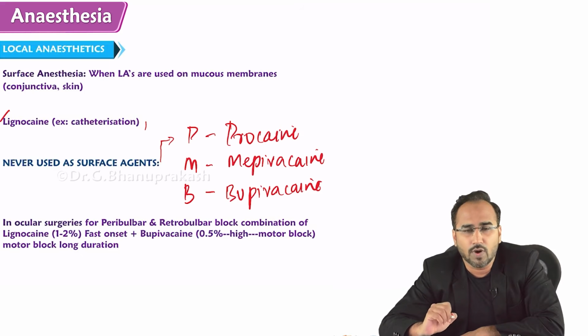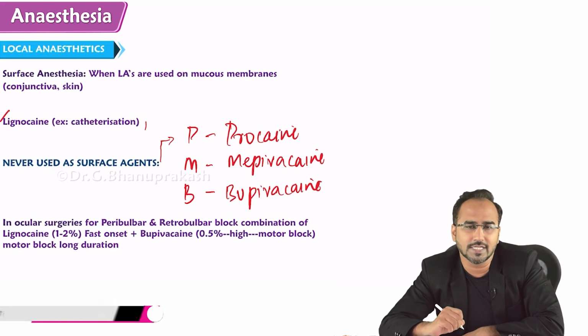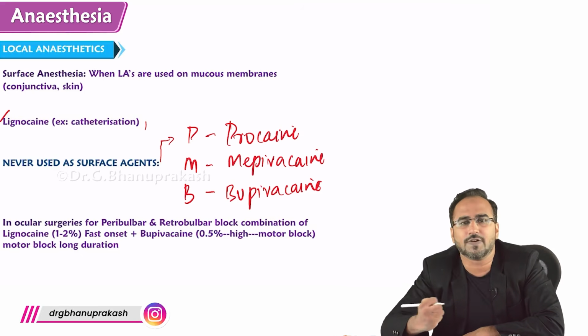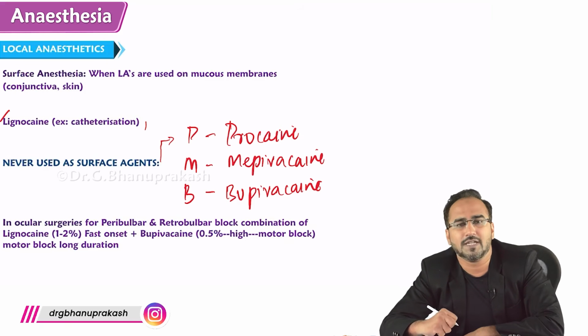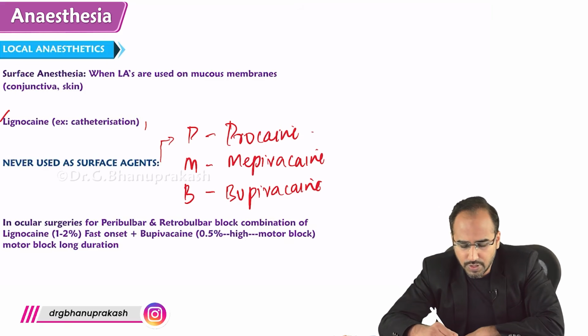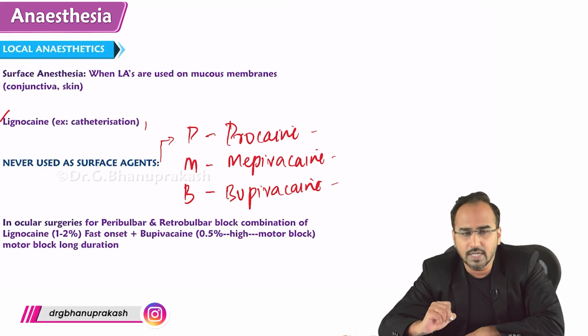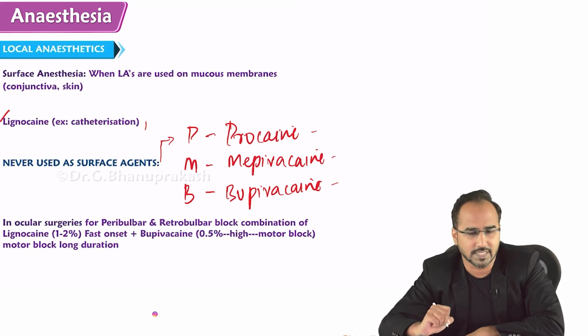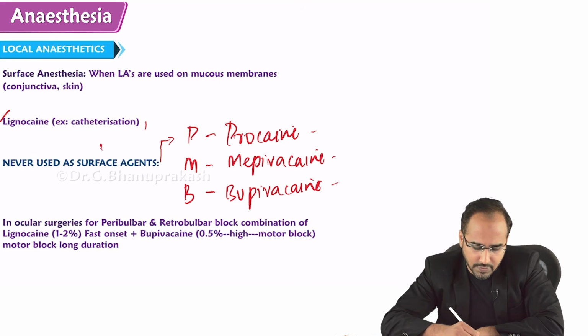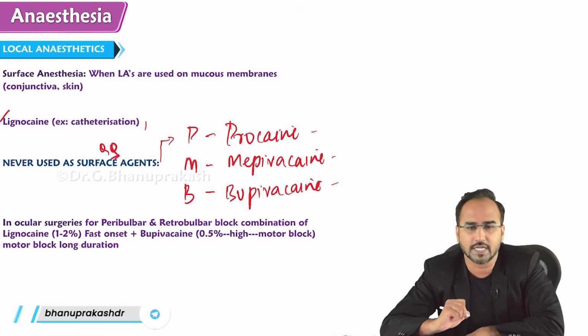Why, sir? Because if you use these three agents, they can easily get absorbed from the skin, leading to respective toxicities. Hence, we don't use them as surface anesthetic agents. That is an important thing to remember.